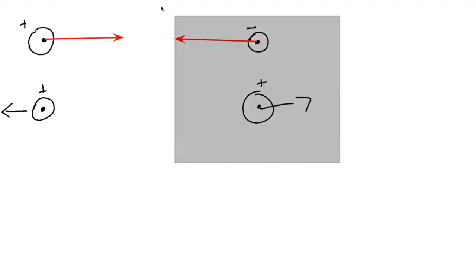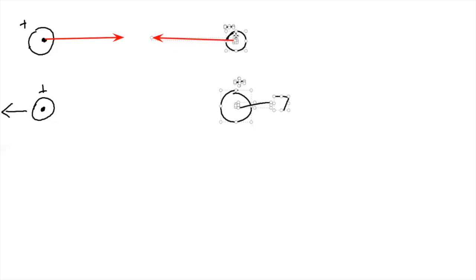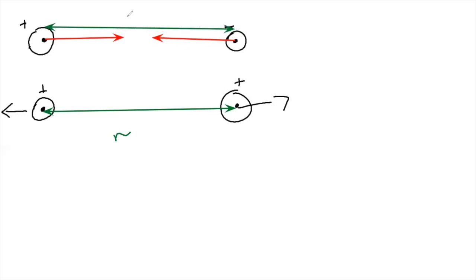So let's bring these a bit closer here. Now, this thing right here, this is going to be the radius r, and this is going to be r as well. This is the radius r. Now, this is just a display of what the electric force looks like. And QQ are point charges.